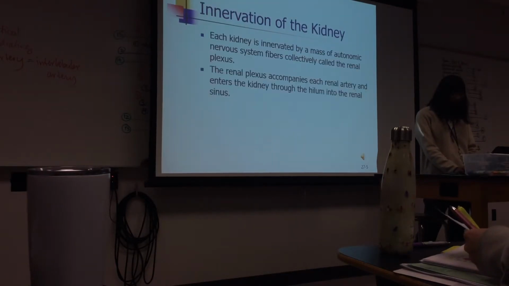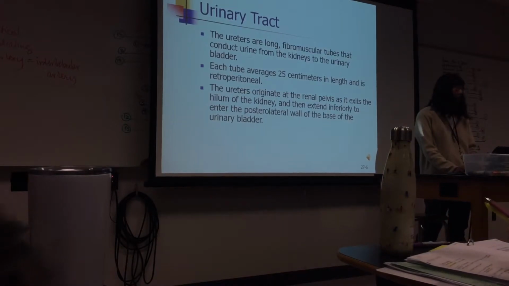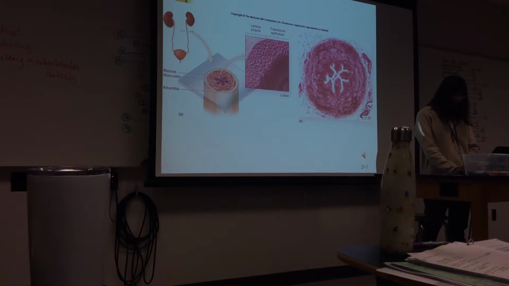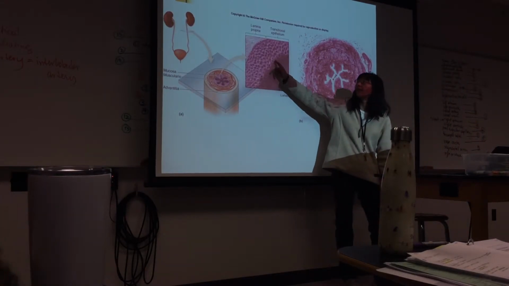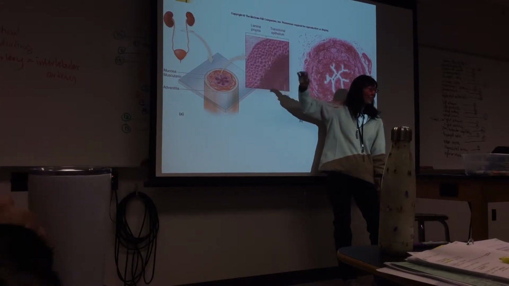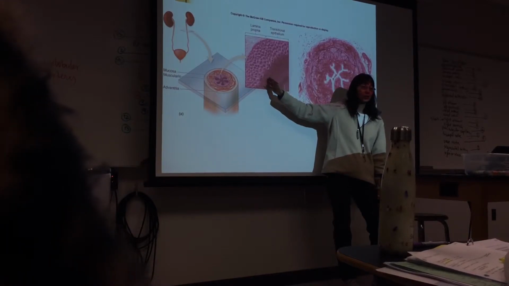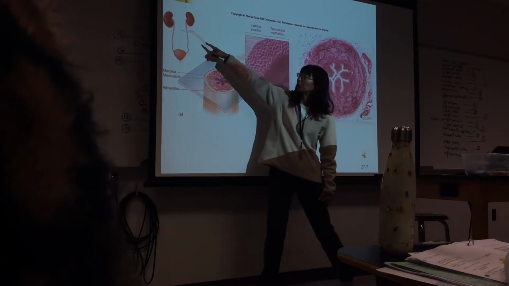Then we continue. What comes after the kidney? The urinary tract, right? So the ureter. Now the epithelium changed. What's the epithelium now? Transitional. Okay. Forget simple cuboidal, now it becomes transitional. So back to the ureter, right?